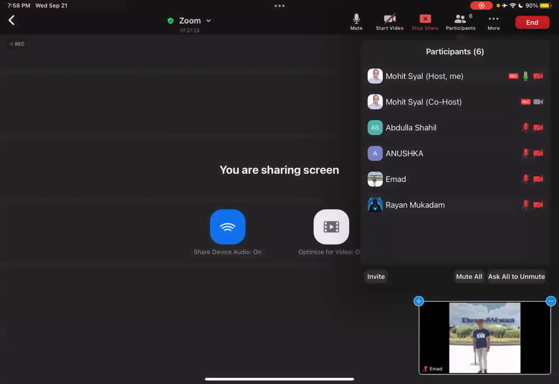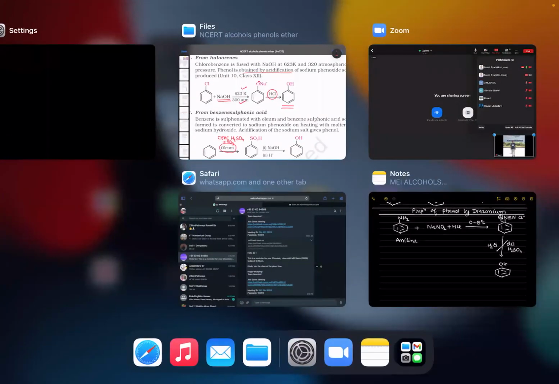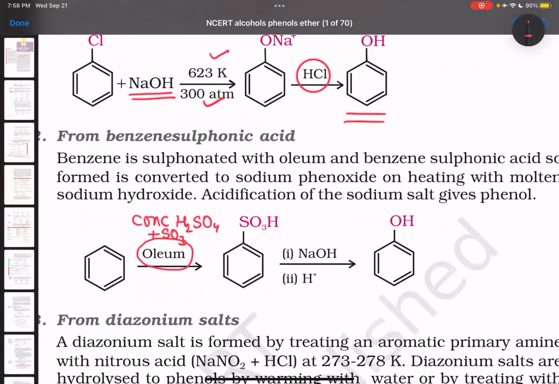Is it clear or not? Anushka, Imad, Ryan. Yes, sir, clear. Okay. So that is by diazonium salts.